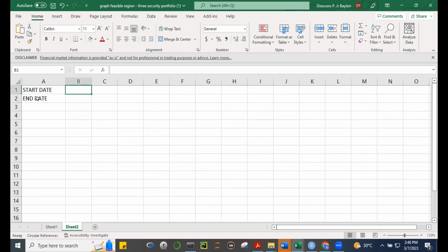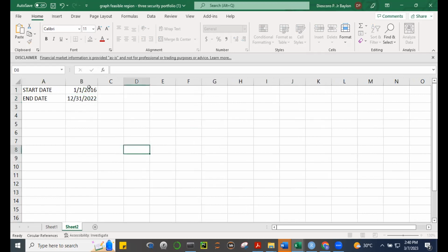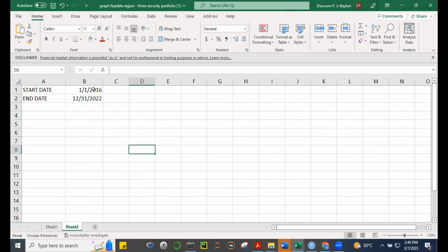Let's identify a start date and an end date. Our start date is 1/1/2016, January 1, 2016, and our end date is 12/31/2022, December 31, 2022.